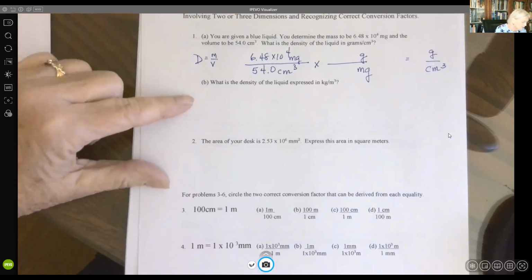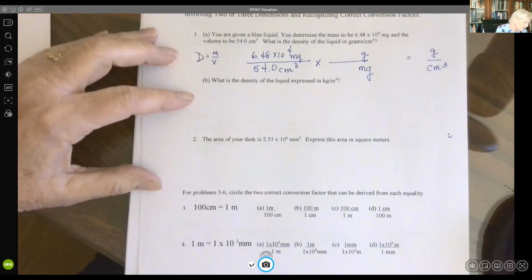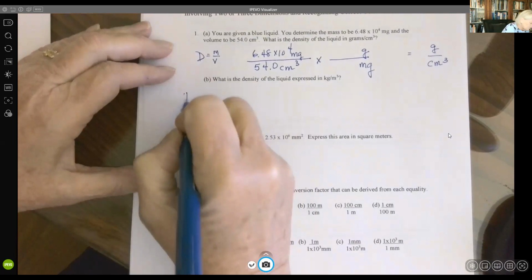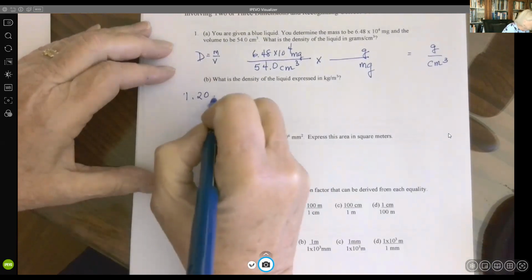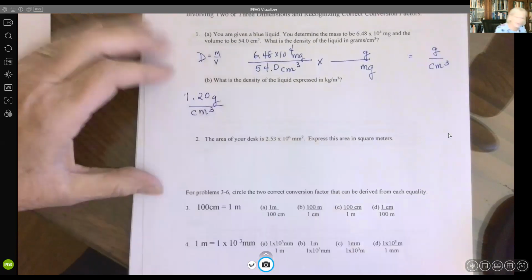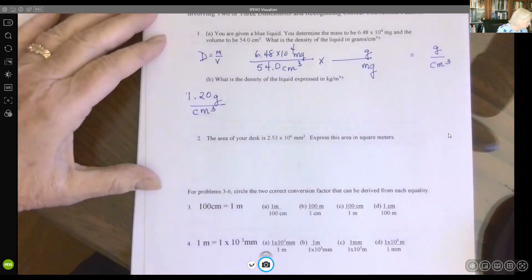B, what is the density of a liquid expressed in kilograms per meter cubed? Kilograms per meter cubed. Well, I have to use the answer from up above. So after you finish that, you'll see that is 1.20 grams per centimeter cubed. That is the density from number 1.